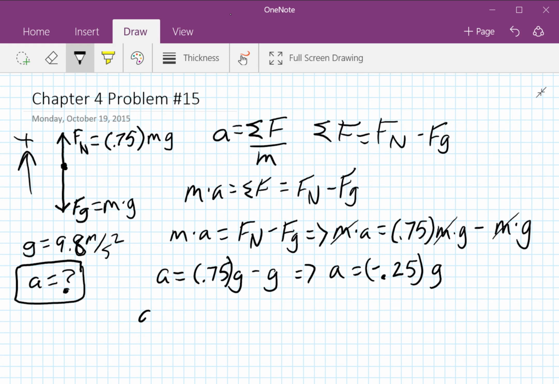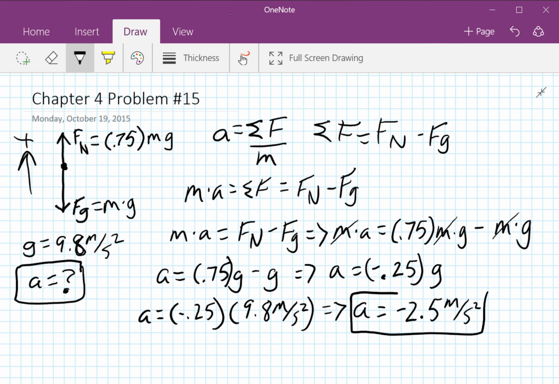So you get a equals negative 2.5 meters per second squared. It's negative like we expected it to be. And 2.5 is about a quarter of the acceleration. The 10 is a rounded number for the acceleration due to gravity, and we said a quarter of that, so 2.5 makes sense. Obviously, we rounded it up from 2.48, if I remember correctly.